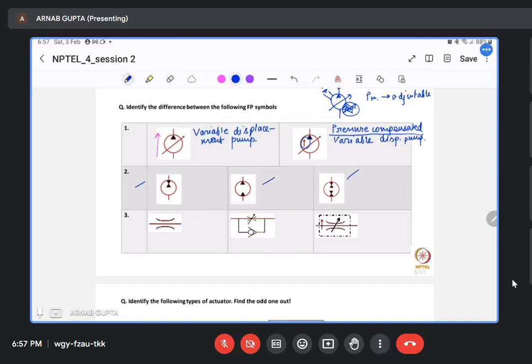You can see that there is something different about the arrows in the three components.